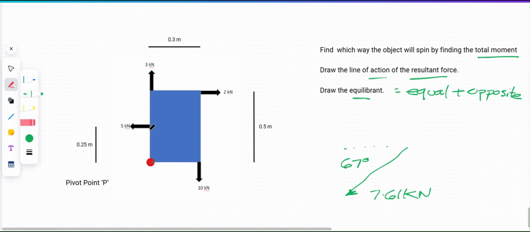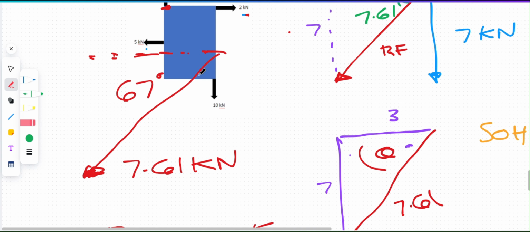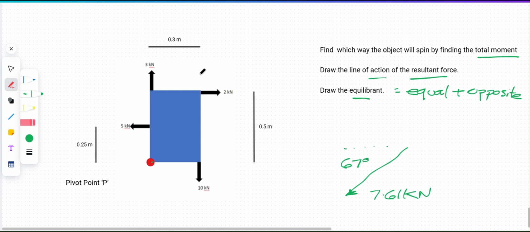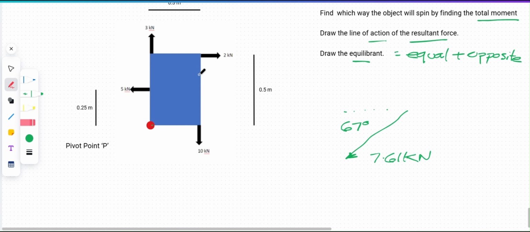So the result of all of those forces is 7.61 coming down like that, 67 degrees from the horizontal. That's from the last video. So now we need to work out where that line of action is.